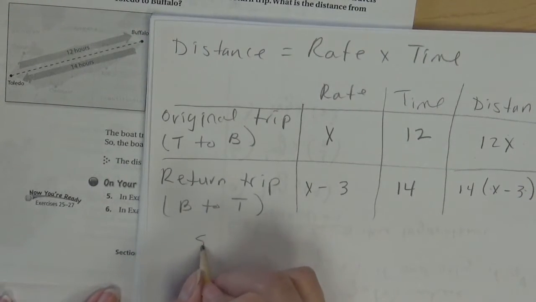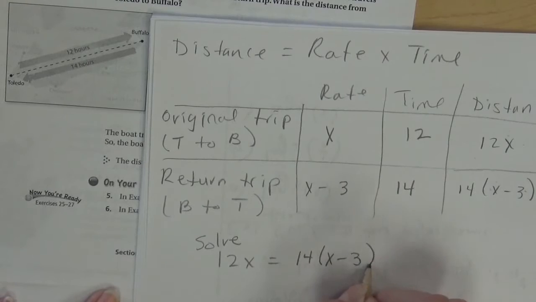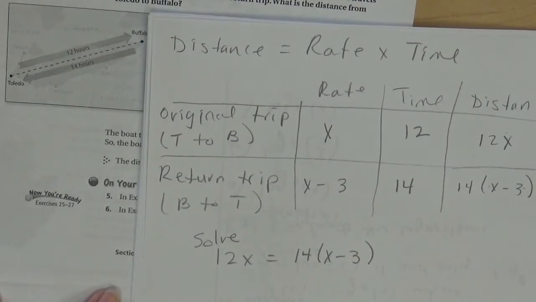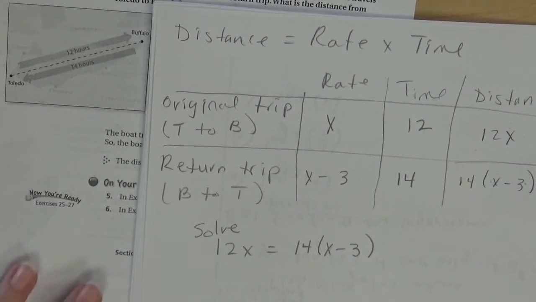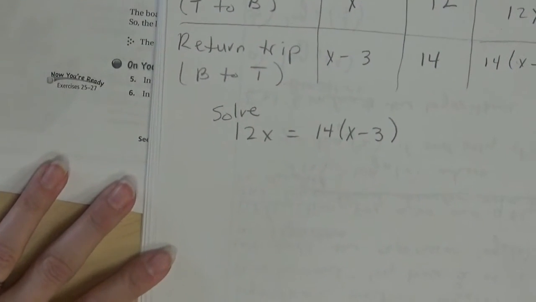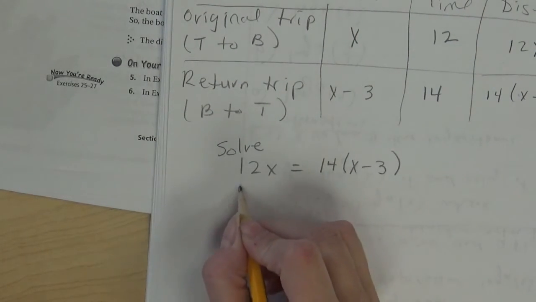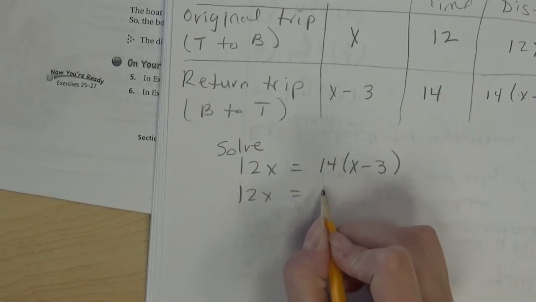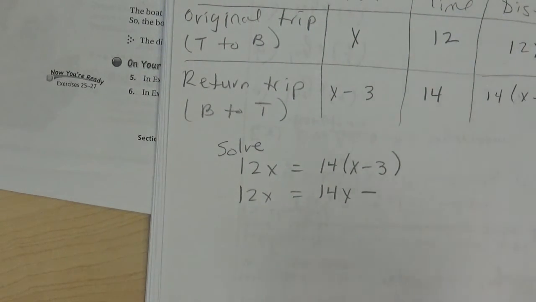We want to solve 12x equals 14 times x minus 3. If we solve this for x, we'll be able to answer the question. I can distribute 14 on this side, so I've got 12x equals 14x minus 14 times 3, which is 42.